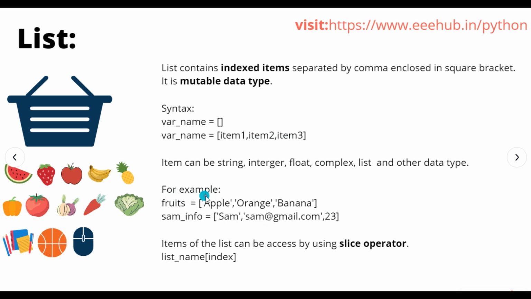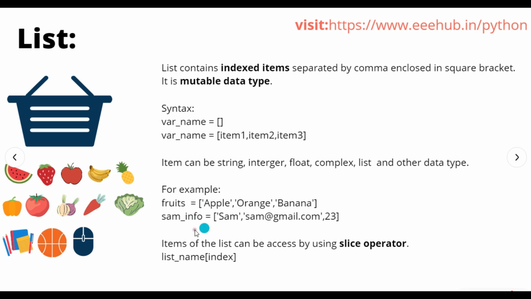Now focus on this example. We have created one list named fruits, and it contains different fruits like apple, banana, or orange, and these items are separated by comma. Then we have another example. This is sam_info.